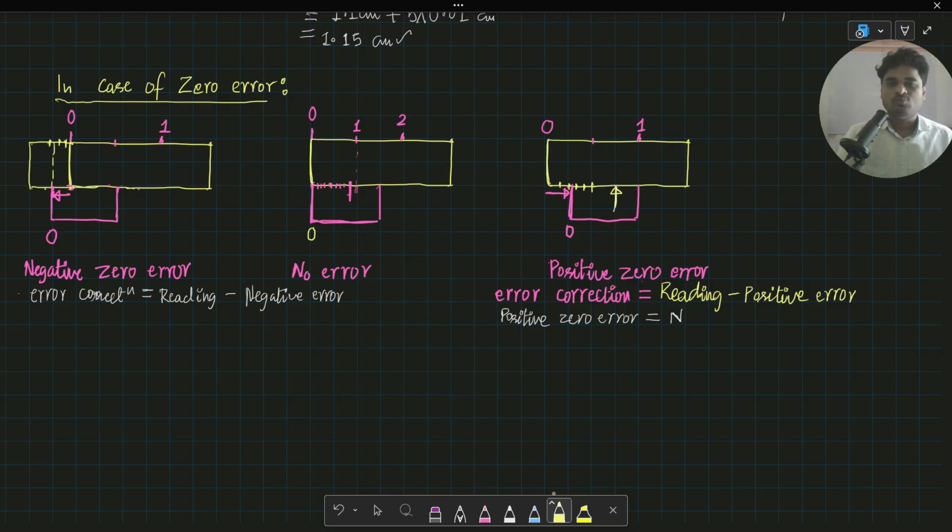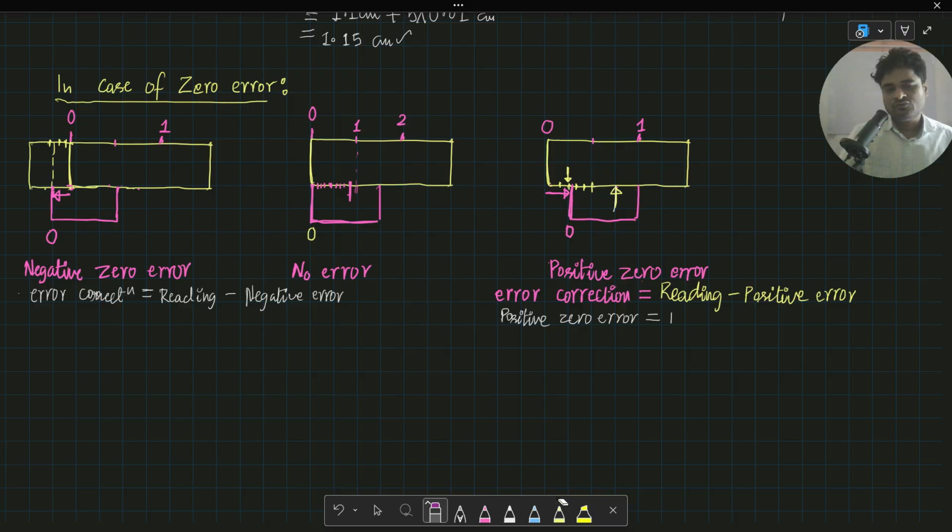Hopefully we know how to read the vernier reading. In this case there is n, which indicates the value from which number our 0 starts. It starts from 2 onward, so we'll write n is equal to 2.